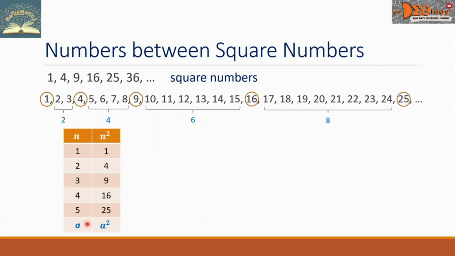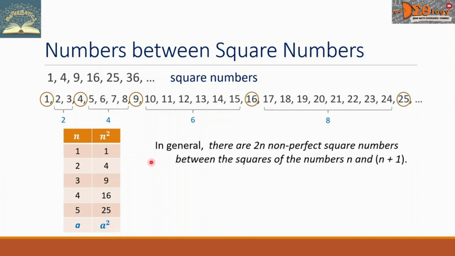So we write here for n, the square is n squared. Now this is the rule. In general, there are 2n non-perfect square numbers between the squares of the numbers n and n plus 1.